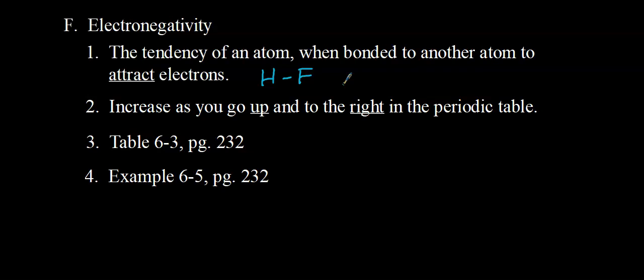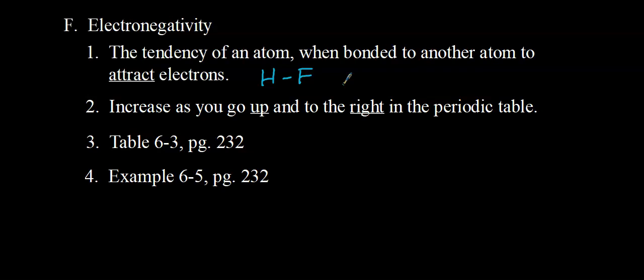Now, it's not going to pull the electrons off of hydrogen, so it's not like it's gaining those electrons. It just has a greater attraction for the shared electrons than does hydrogen. So general trend, electronegativity increases as you go up and to the right. This excludes the noble gases. And so the element with the highest electronegativity is fluorine.